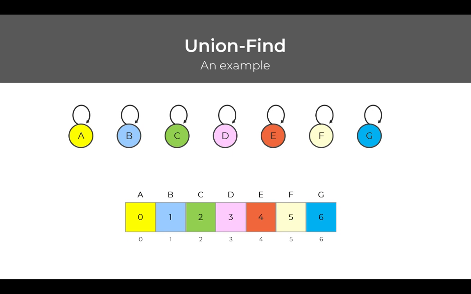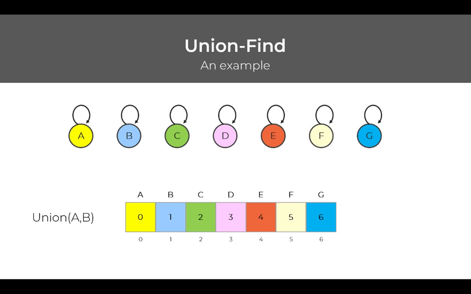Now I want to do several operations. I want to do some unions between different subsets, and I will have to use find as well from time to time. So first, I want to union the subset A with the subset B. Both of them contain only one element, so I need to pick one as the root of my subset.